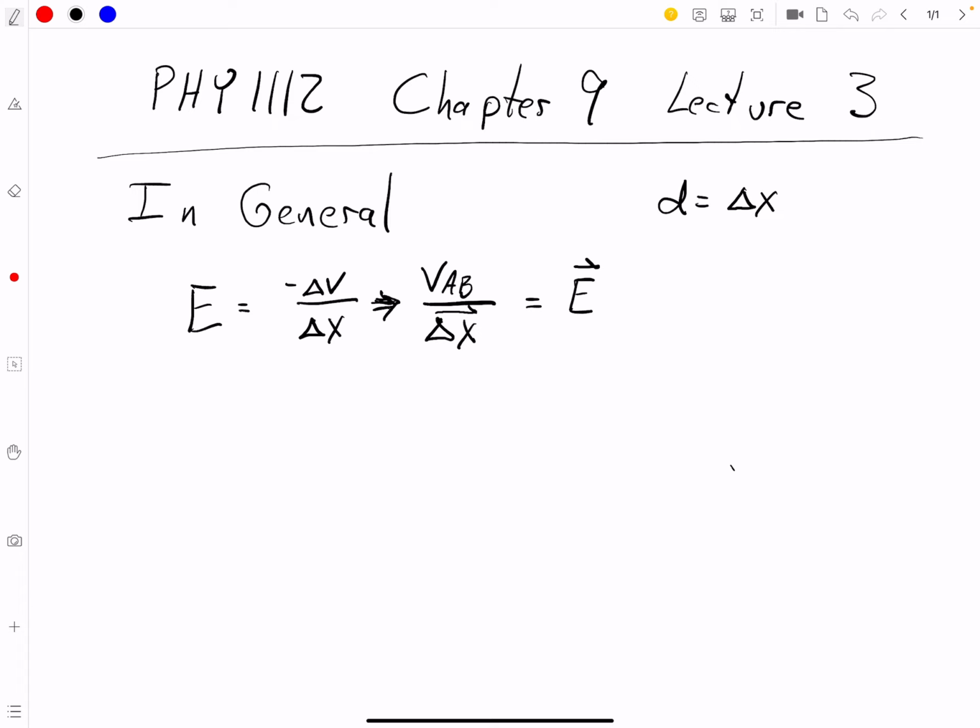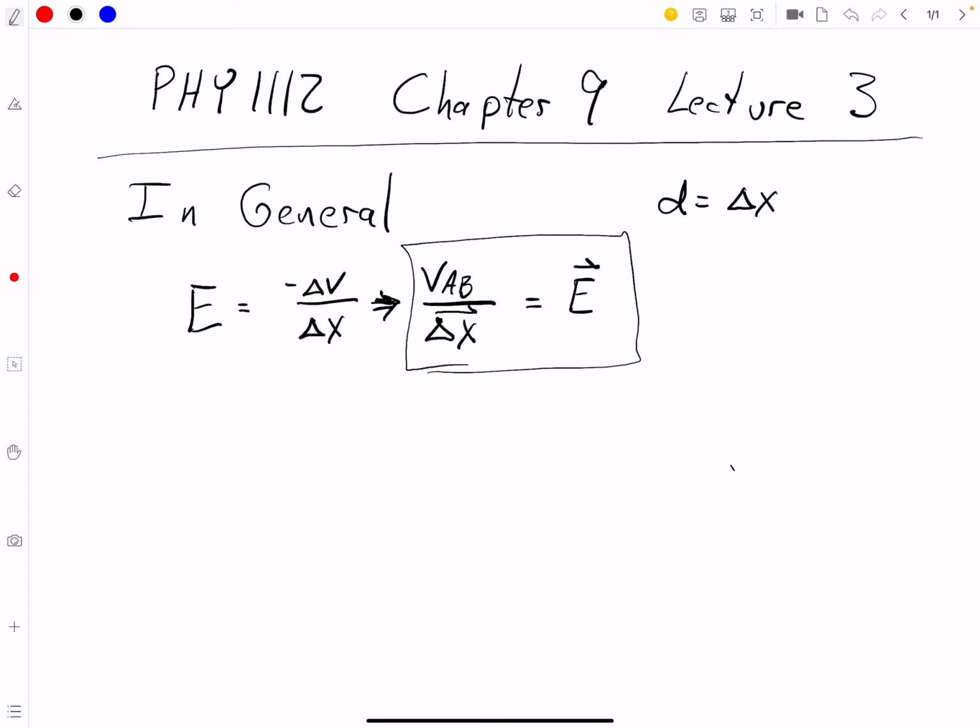So that implies this statement. So that is what we can do in general. And now we can find electrical potential voltage in all kinds of situations. We can apply this to just about everything.